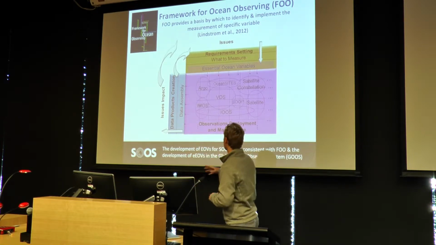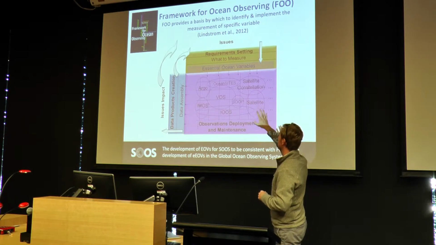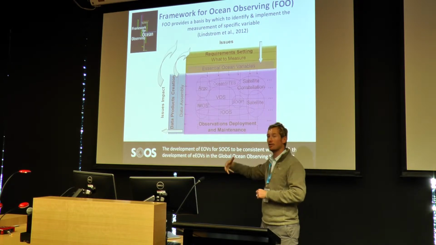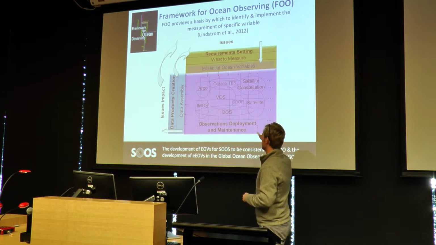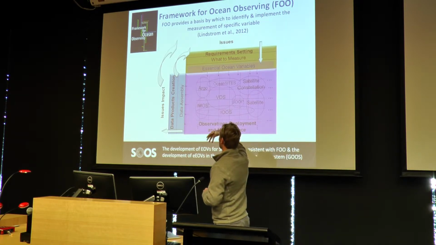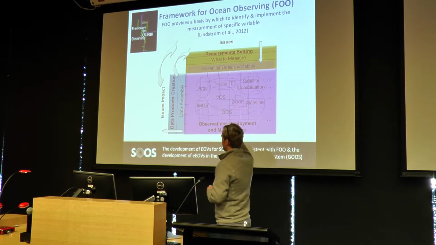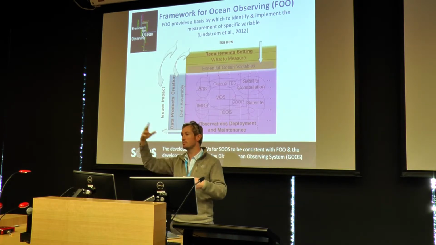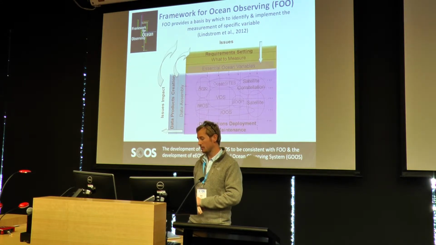Here I describe one of the first figures from FOO, which shows that to address the societal issues, we have to understand what to measure. This would be done through finding out what the EOVs are, so that they can be brought into observing platforms or arrays or experimental setups, fed into a data stream to understand the system better, that is fed back into readdressing the new societal problems that we might have.